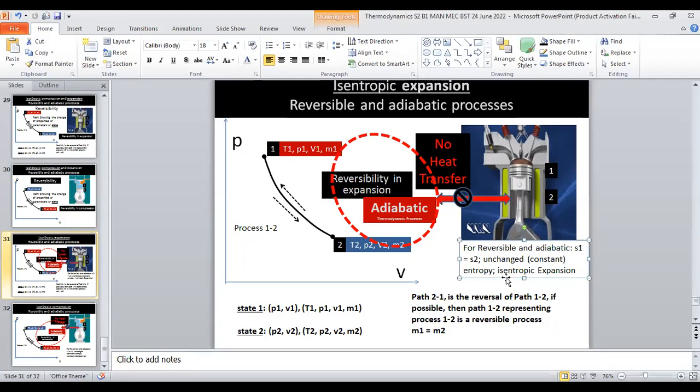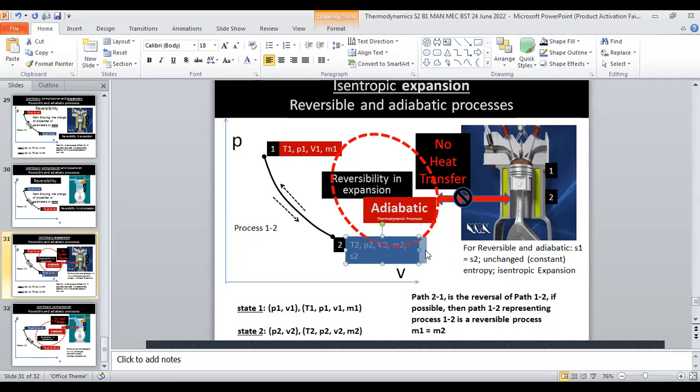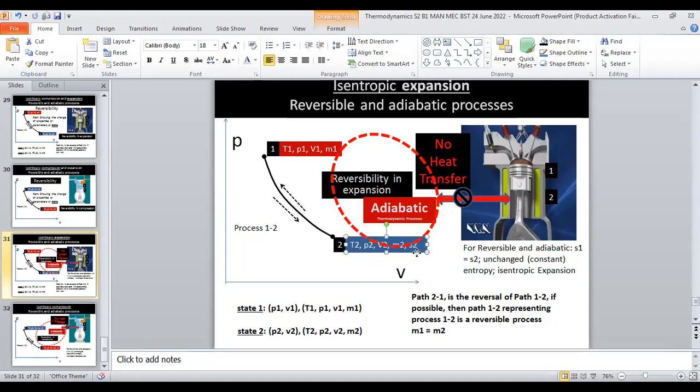Okay. It's very nice. 2, and it's 2 here. Just put this 2. And 1, this one.